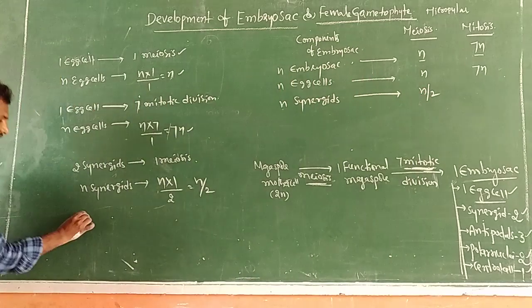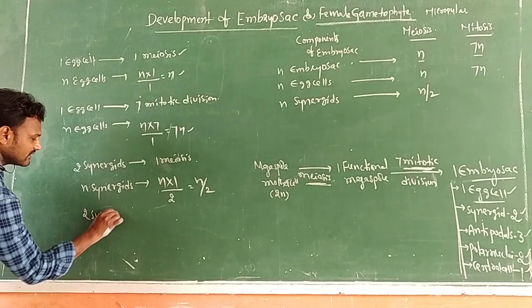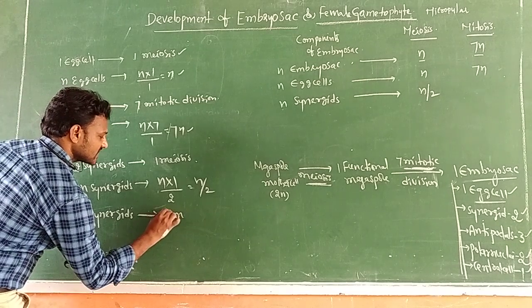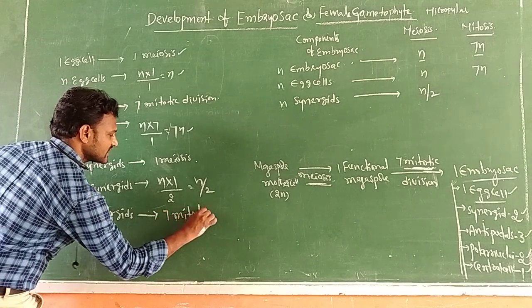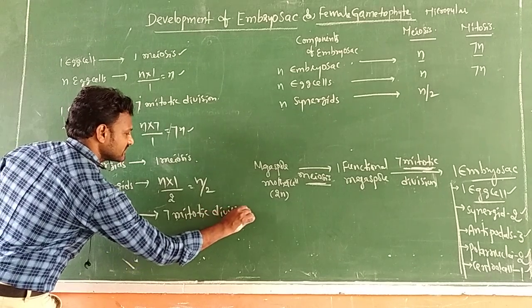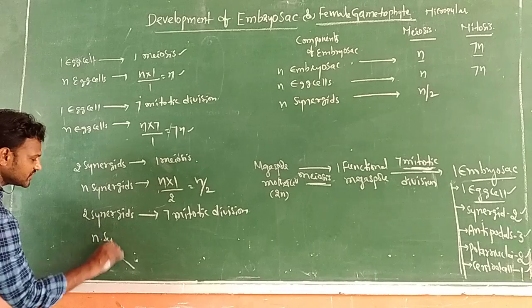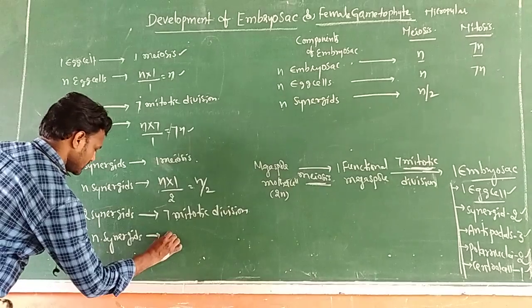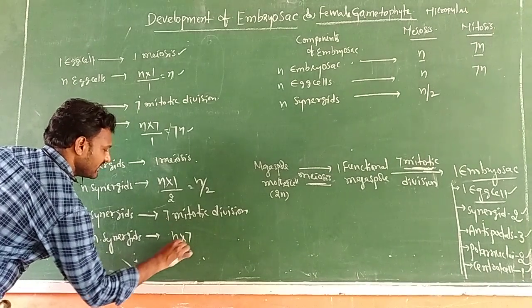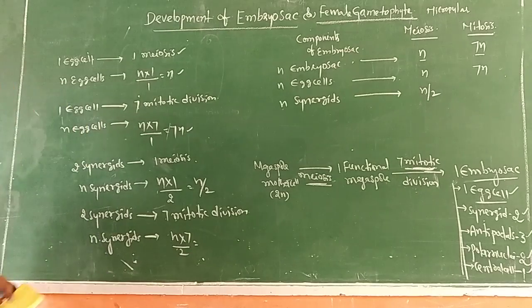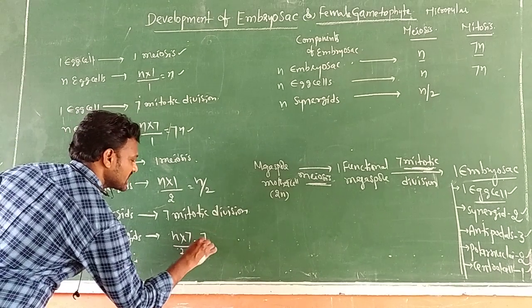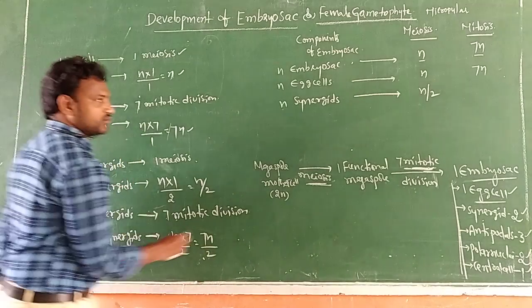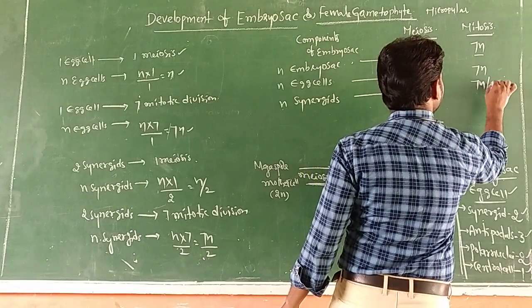Now, 2 synergids require 7 mitotic divisions. So n synergids require n into 7 by 2, which is 7n by 2.